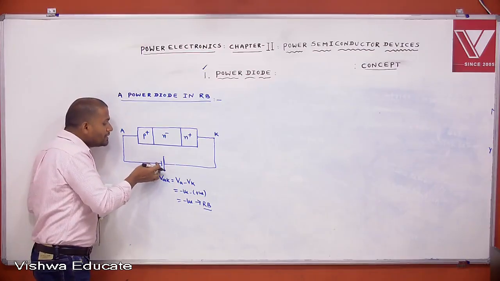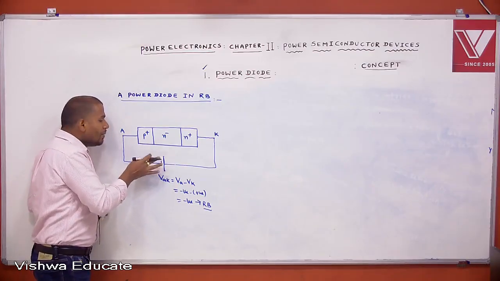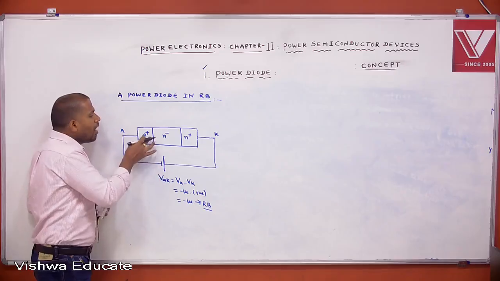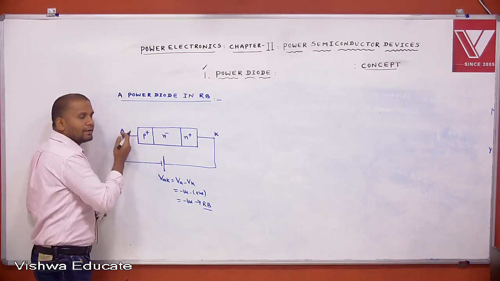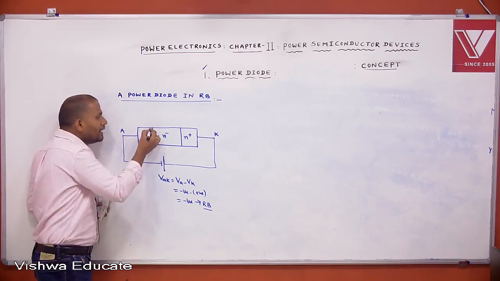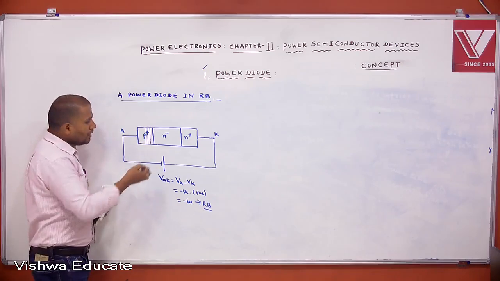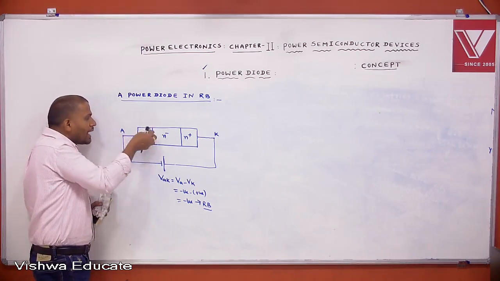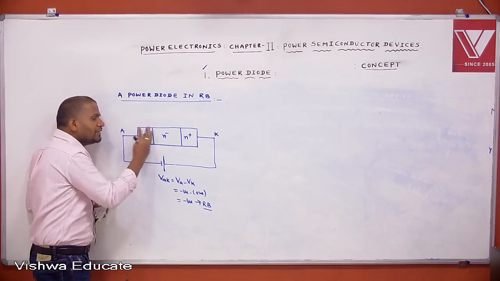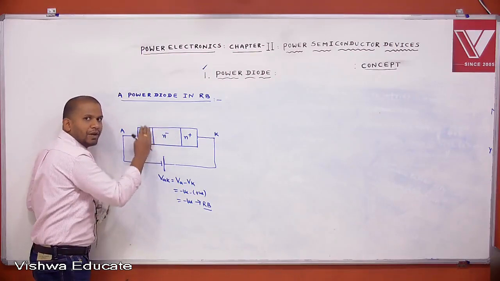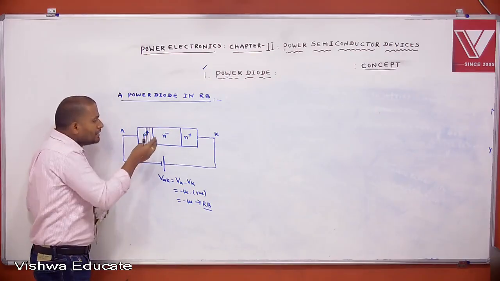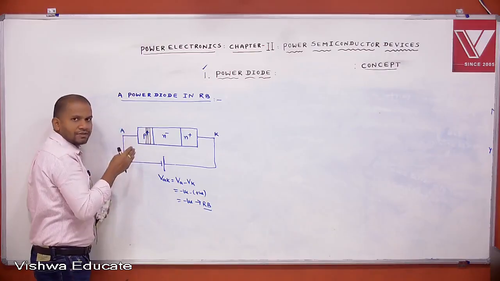Then what is this? A negative plate. Because of this negative plate, all these holes are attracted. Then this drift region increases on this side. This is the drift layer or drift region, and it increases like this.